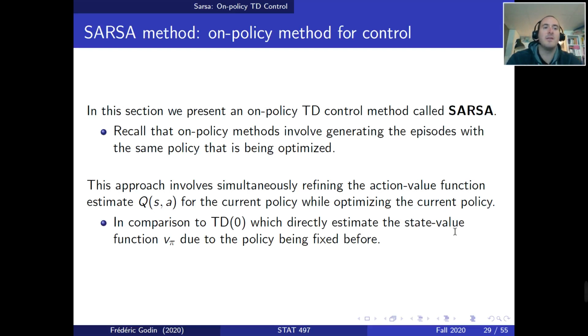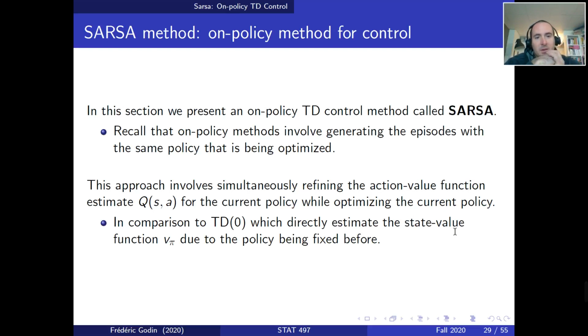This is different than off policy, where you had two policies, one being the behavior policy, which generates the episodes, and the second one being the target policy, which is your estimate of the optimal policy. In on policy, the behavior and target policy are the same. So the same policy is used to generate episodes and to estimate the optimal policy.